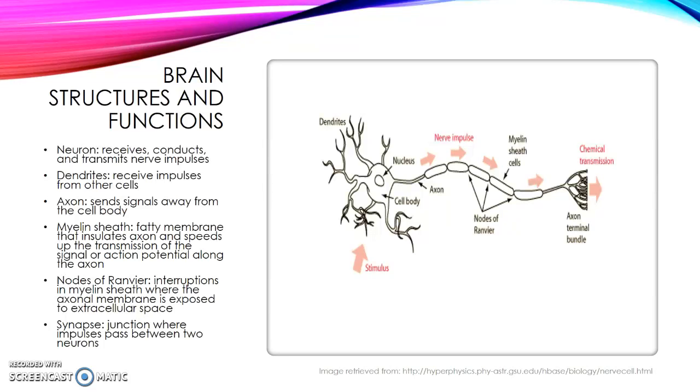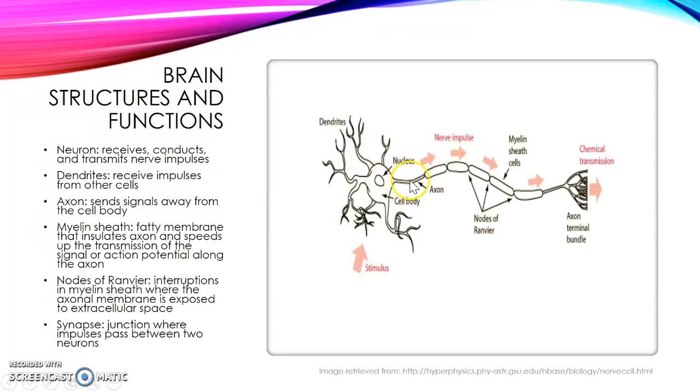There are the nodes of Ranvier, which are interruptions in the myelin sheath where the axonal membrane is exposed to extracellular space. And the synapse, which is the junction where impulses pass between two neurons. In this image, you'll see that the dendrites are multiple, the dendrite bodies around the nucleus.